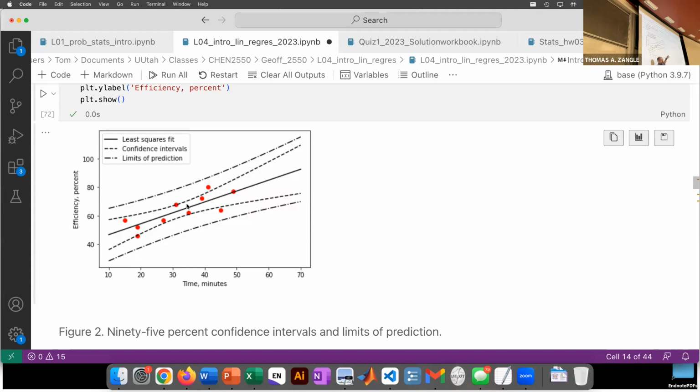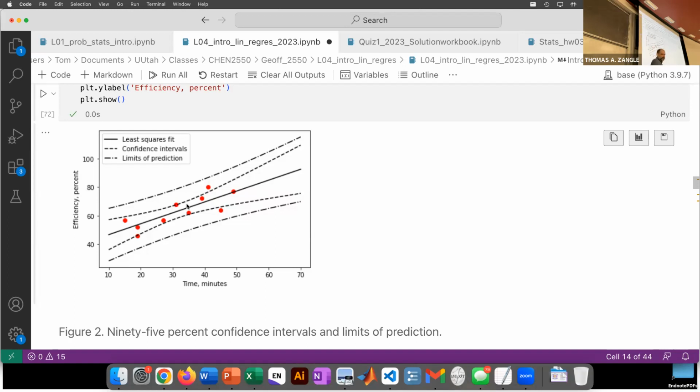But now we can also place confidence intervals on our estimated values, and that's shown in this curved dashed line. In this case, it was 95% confidence intervals. So that means that we expect about 95% of the data to lie inside of those two curved lines, above and below that fit. So we don't expect to see that many values lying far outside of those lines.